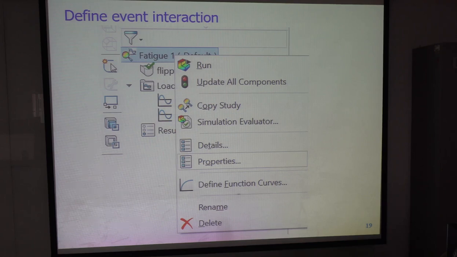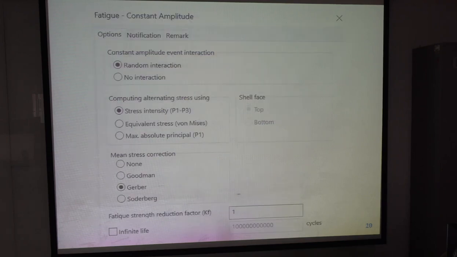Okay, so next page, please. Then we did the random interaction for the thermal stress and the stress due to the force you applied. Okay, so next page, please.